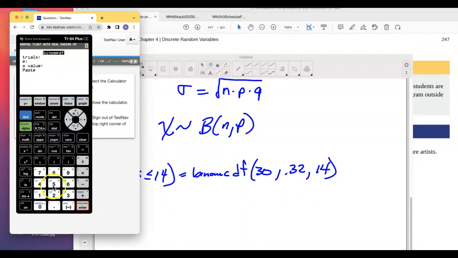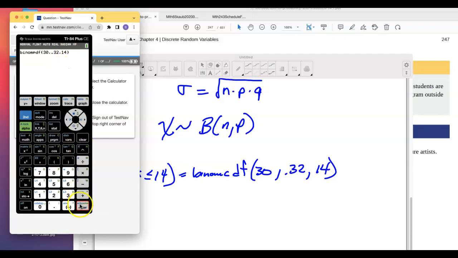So trials is 30. 0.32 is the probability of success. Oops. And 14 is our X value when we want less than or equal to 14. Now some calculators don't ask for this. They just show you binomial PDF like this. You'd have to type this in.